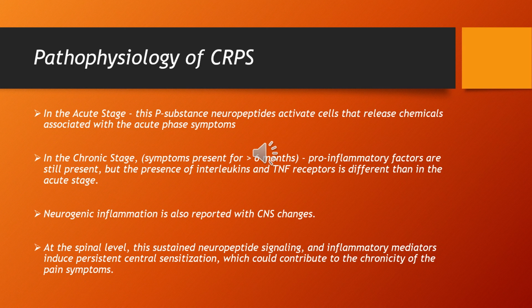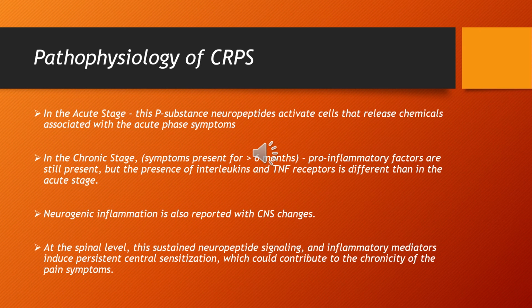And in addition, neurogenic inflammation is also reported with CNS changes. And you may recall that neurogenic inflammation is a physiological process by which the mediators or facilitators are released directly from the cutaneous nerves to initiate the inflammatory reaction.